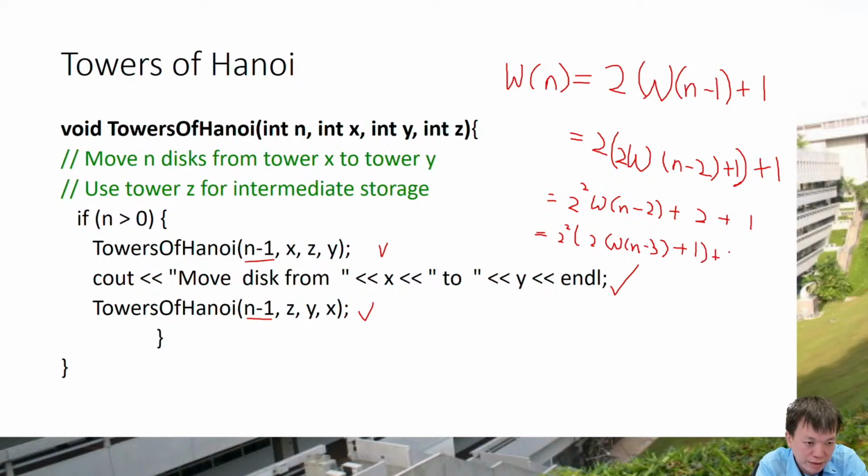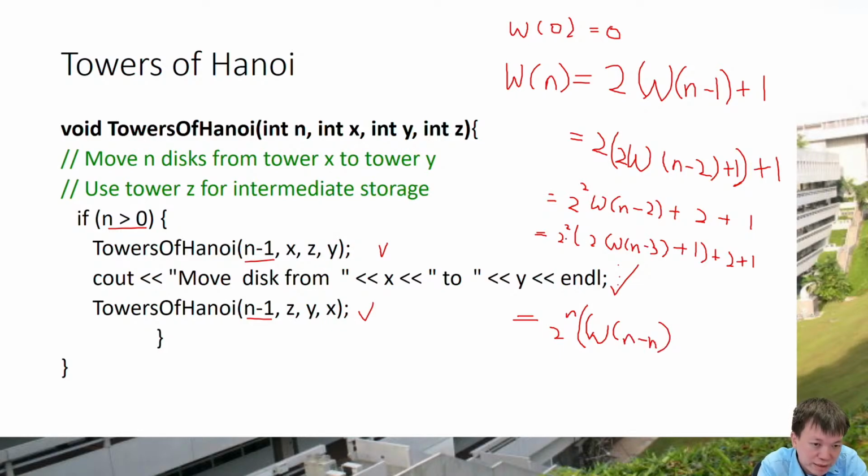Before that you already did 2 and 1 step. So here will be 2 power 2. You keep doing this. The base case is when n equals 0, you don't need to do anything. So you keep doing this n times, until you reach W(n-n).